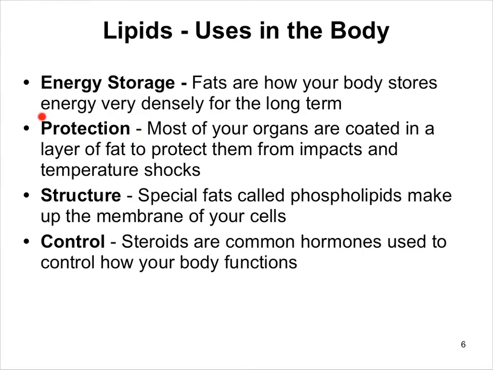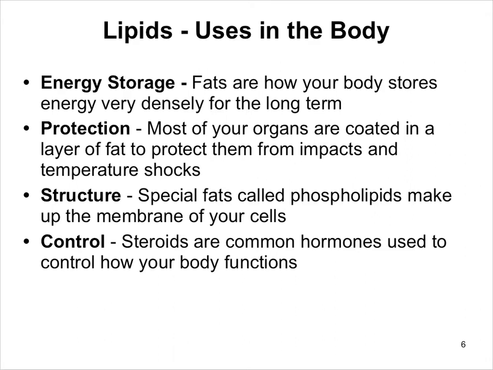Protection. Fat is soft and squishy. Your body uses fat to surround many of its organs, and it's basically like bubble wrap for your body's organs. It protects them, keeps them from getting damaged, and it also protects them from temperature shock.